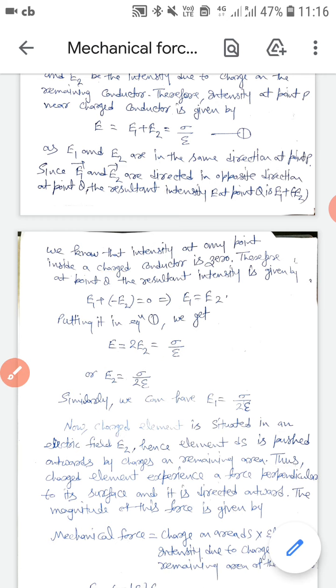Now the charge element is situated in an electric field E2, hence the element ds is pushed outward by the charges on the remaining area.